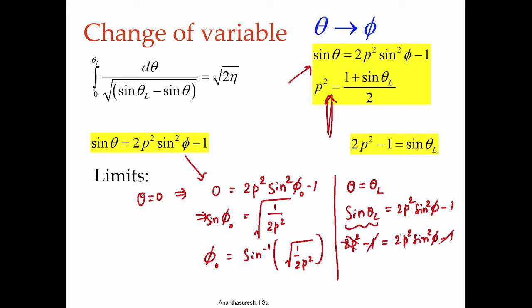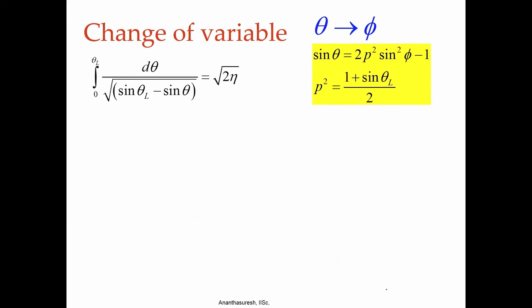So, now minus 1 gets cancelled, 2 p square gets cancelled. After that, we get sin square phi equal to 1 or phi equal to pi by 2. It can be 3 pi by 2 and so forth, but it is the first one, this undulating elastic curve we take in the first instance of that. So, we have our limits from phi naught to pi by 2, this is our phi L.